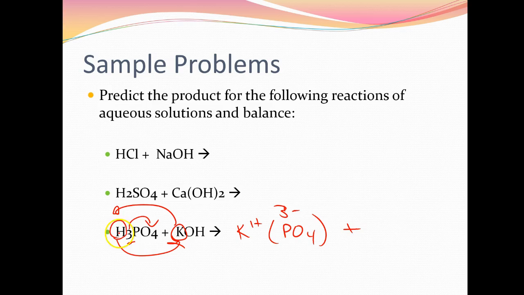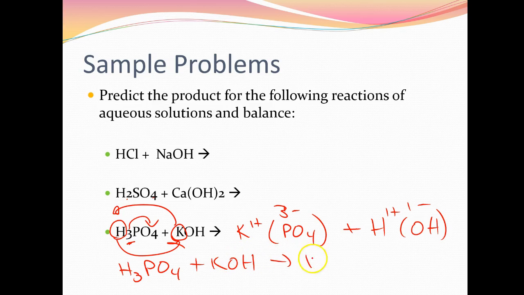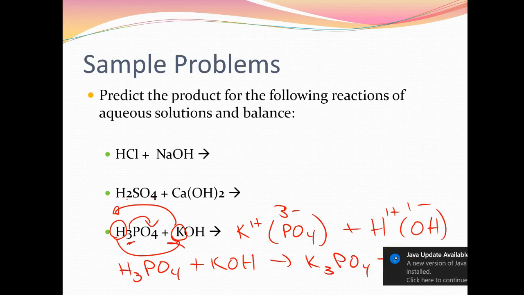And then you're going to have the H, which is a 1 plus charge, never the 3. That 3 belonged to the phosphate, that 2 belonged to the sulfate, with OH 1 minus. Drop and swap here, you get H3PO4 plus KOH makes K3PO4.